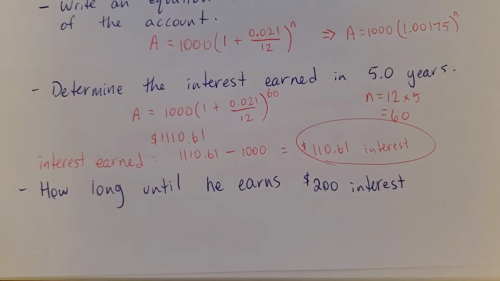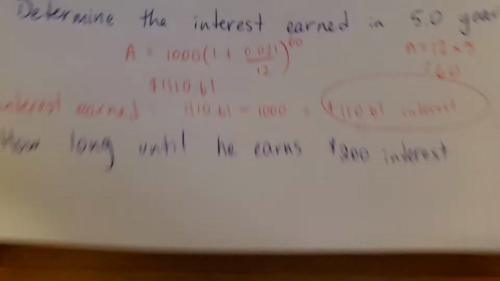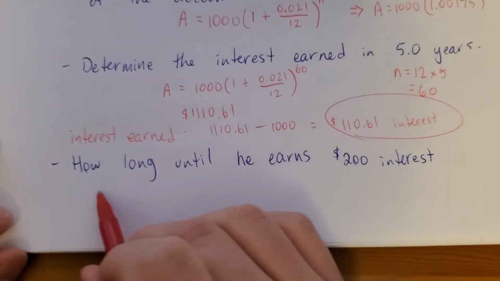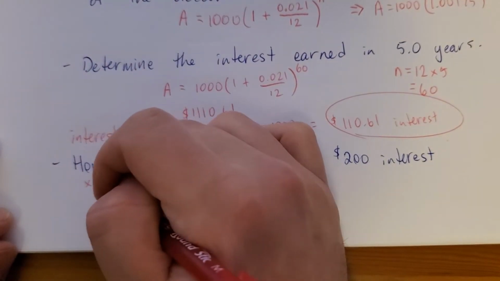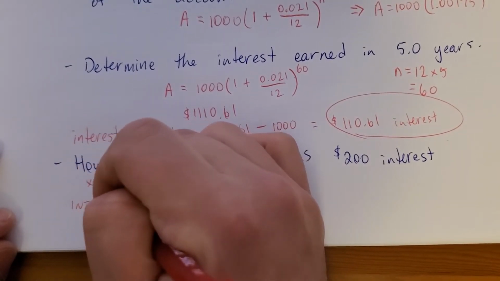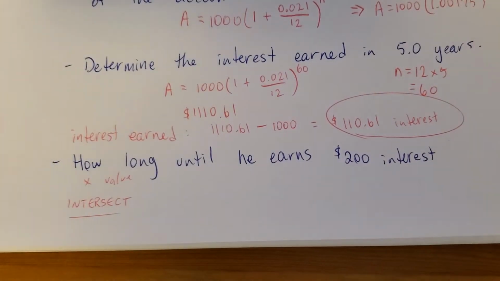Now we're going to find out how much time it takes for him to earn $200 of interest. So a time, that's an x value. So we're going to have to do an intersect with our calculator. Let's graph this stuff.